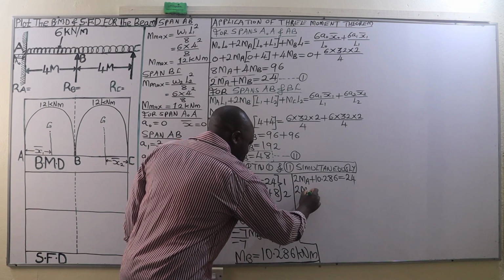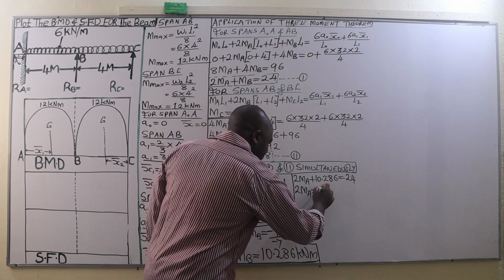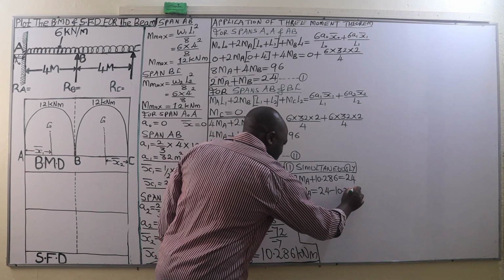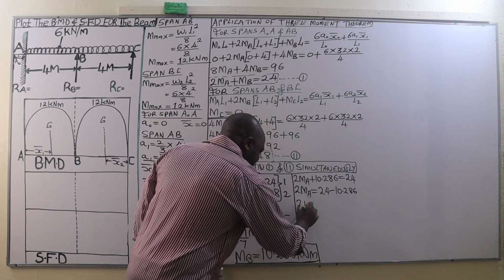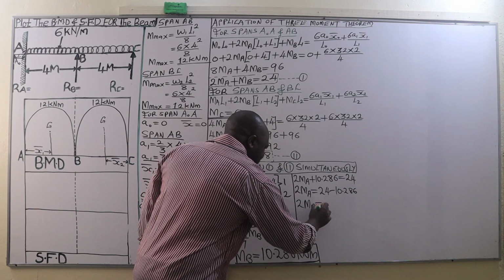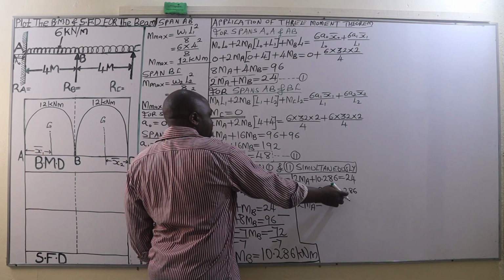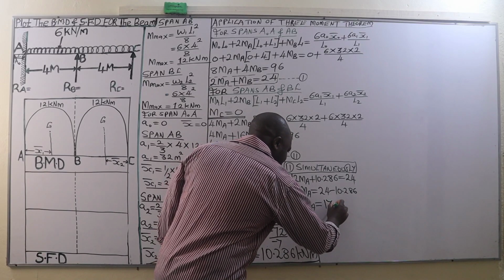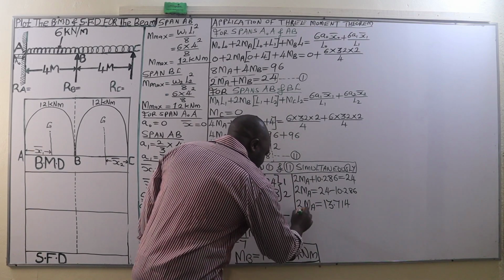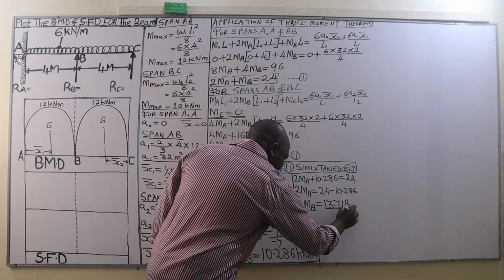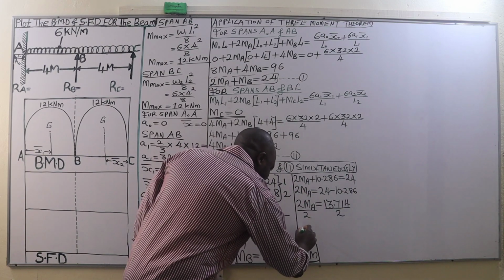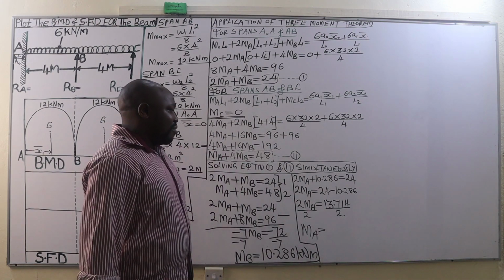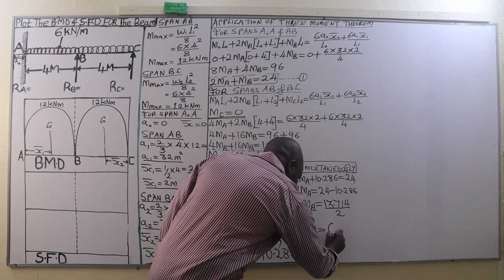That's going to be 2MA is equal to 24 minus 10.286, that is 13.714. We are going to divide both sides by 2, and when we do that, we get the value of MA being equal to 6.86.